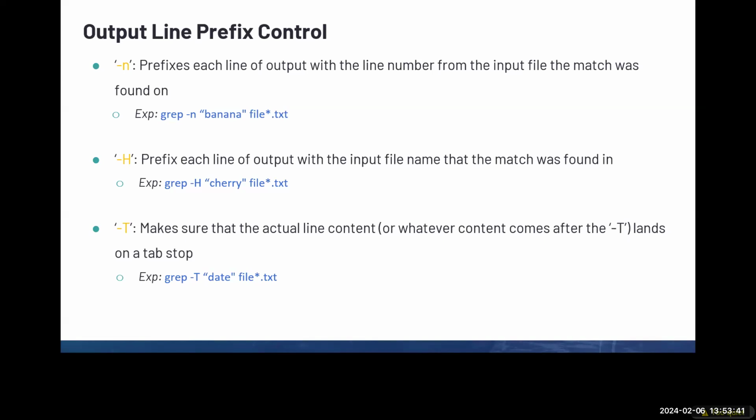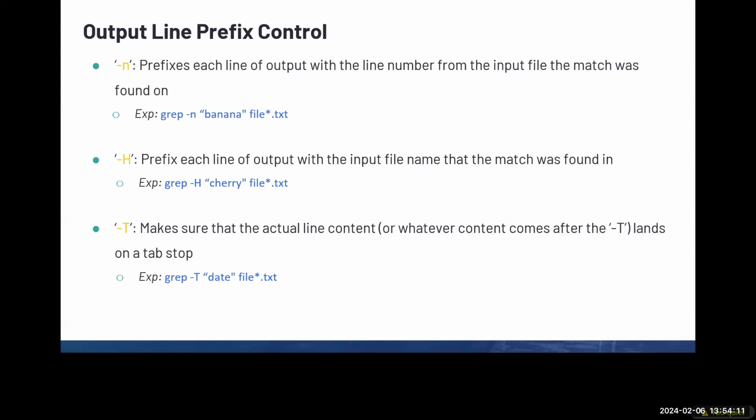The -H prefixes each line of output with the input file name that the match was found in. So, for example, we have grep -H cherry file*.txt. And then the capital T will make sure that the actual line content, or whatever content comes after, lands on a tab stop.